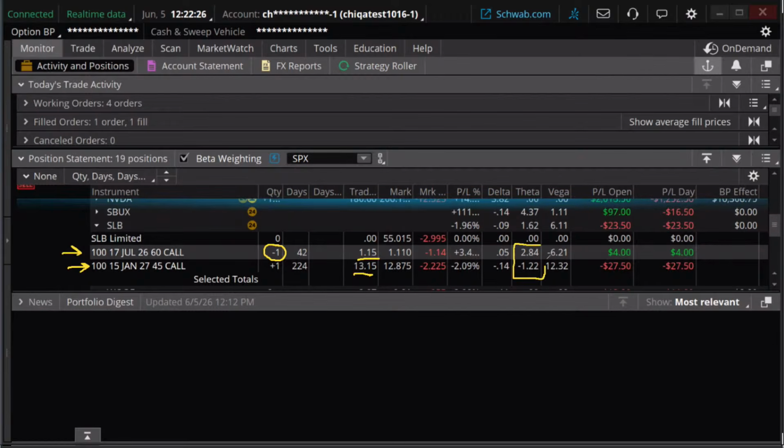The theta on the short contract is greater than the theta on the long contract. So all in all, time decay should be benefiting us on that trade. If you have any questions on that, let me know. Otherwise, I'm going to do a different example.